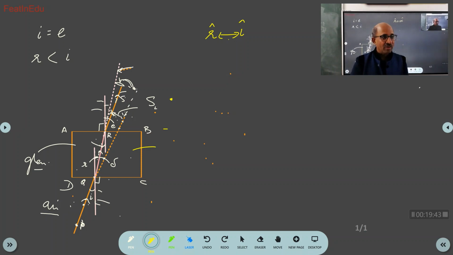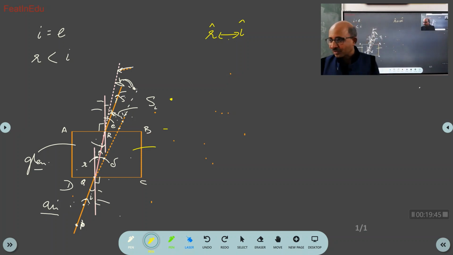If you experiment with different types of materials, then keeping the same angle of incidence, the angle of refraction will be different for different materials. What did I say?